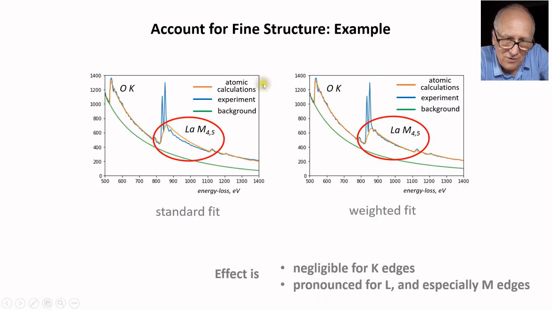Now, examples. Actually, this correction is not very important for K edges, but it's significant for L edges and especially for M edges. Here is an example of fitting without the correction.